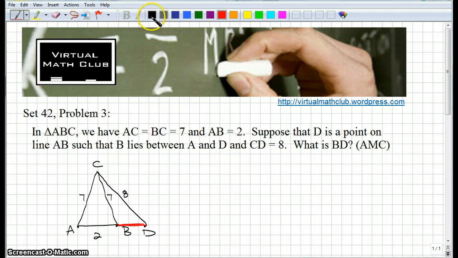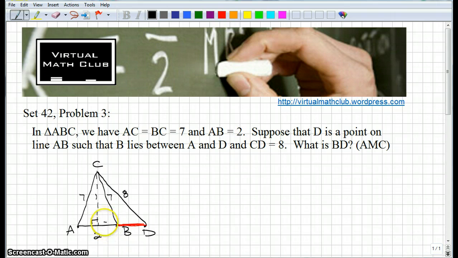So what do we have going on here? Essentially this is an isosceles triangle, and my hint to you is that you can draw other lines on here. Because this is isosceles, if I drop an altitude here that is perpendicular to the base of the triangle, then I know it has to divide the base into two equal parts.